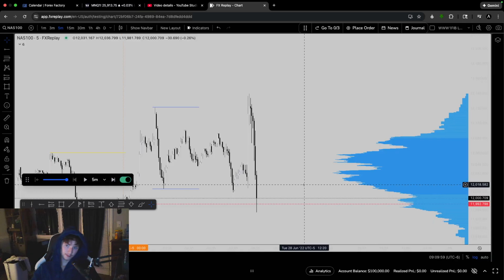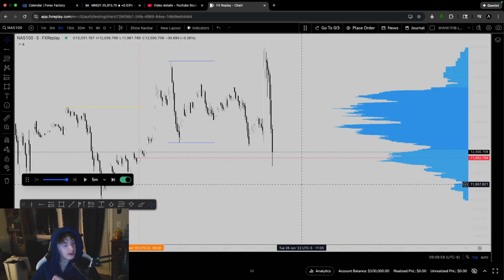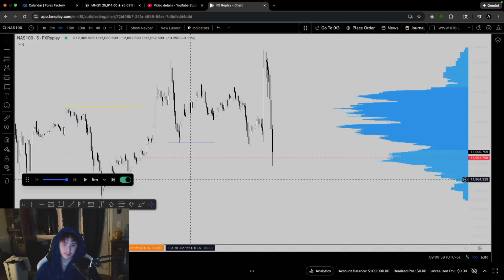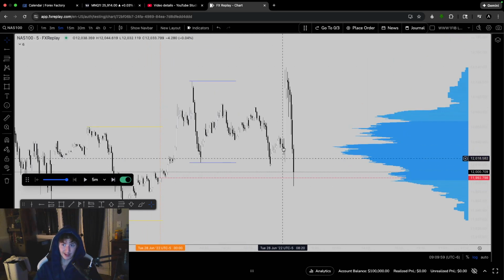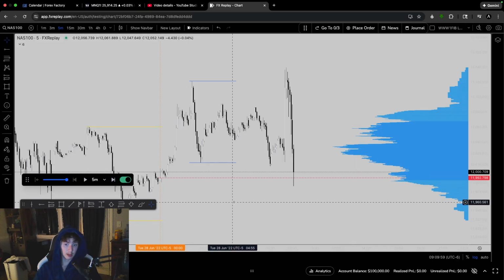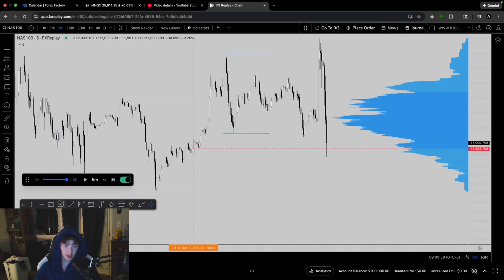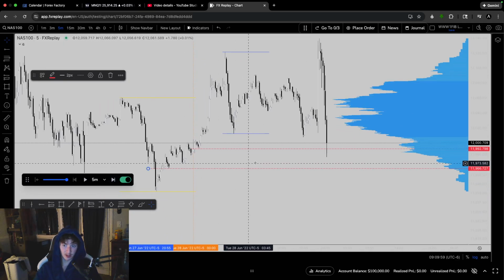And there we go. It came down and hit the midnight open as predicted. Let's see what happens next. Do we get a little bit of a push up, or do we keep dumping to Asia low, or do we come down to this lowest 5-minute inversion right there?